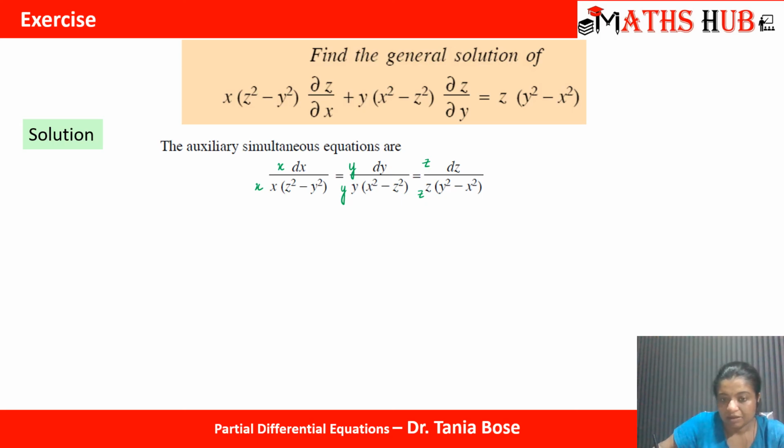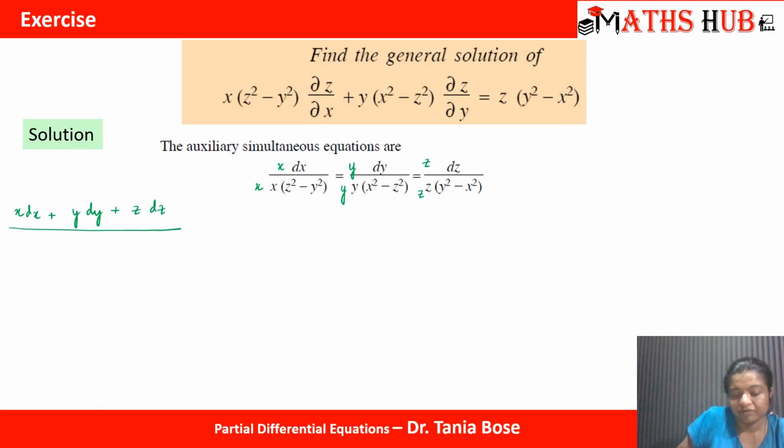Let's see. We have x dx plus y dy plus z dz, and the denominator terms we will get, opening up the brackets, are x square y square plus y square x square minus y square z square plus z square y square minus z square x square, right?